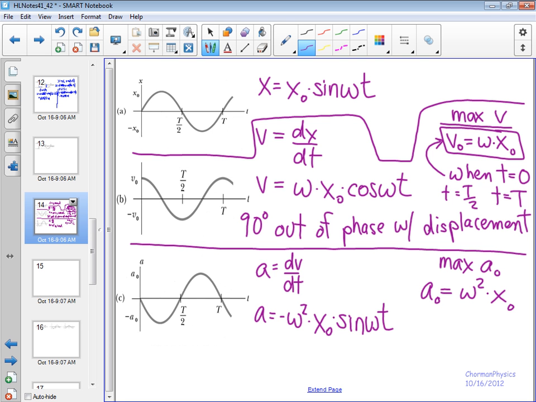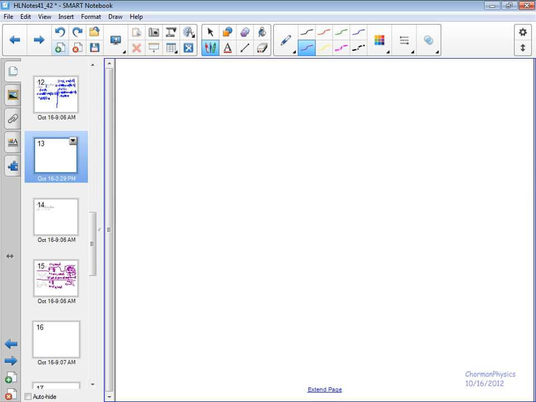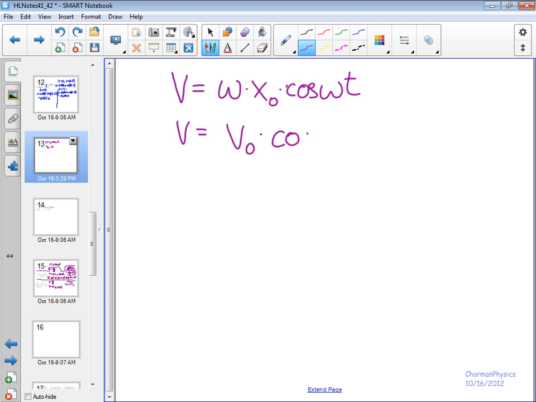I have dropped the sign here, the reason for that is just I'm talking about the magnitude here. But we can rewrite either of these. On the next slide I'll rewrite it here, just as v is equal to v naught times cos omega t. And for acceleration, you can write it the same way.